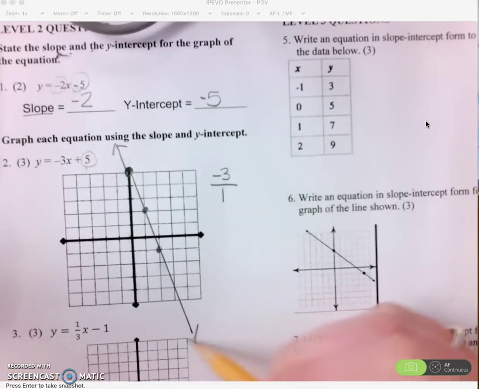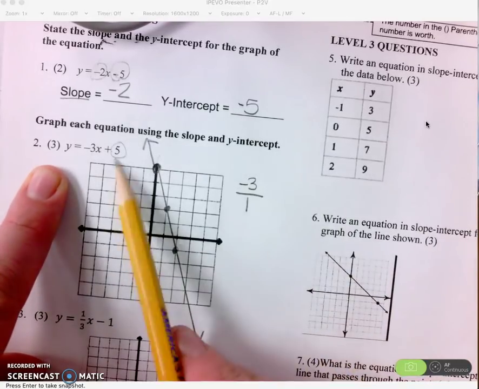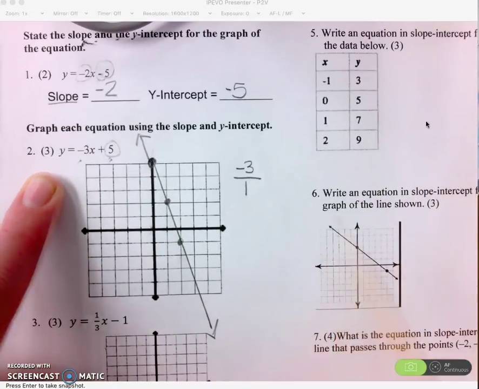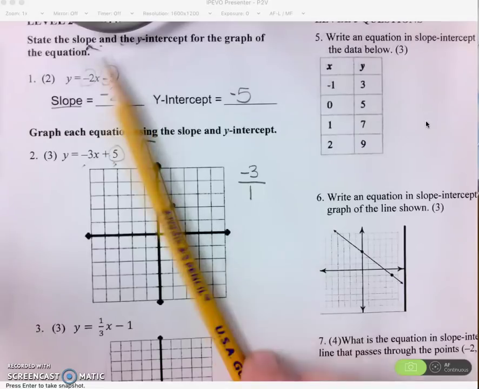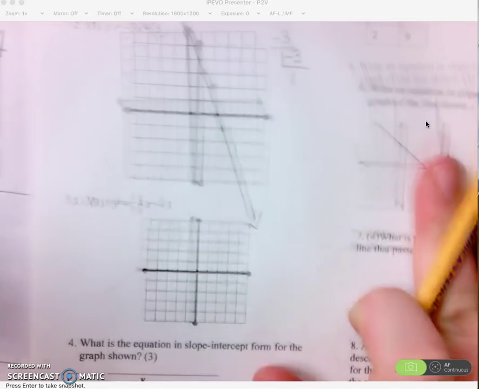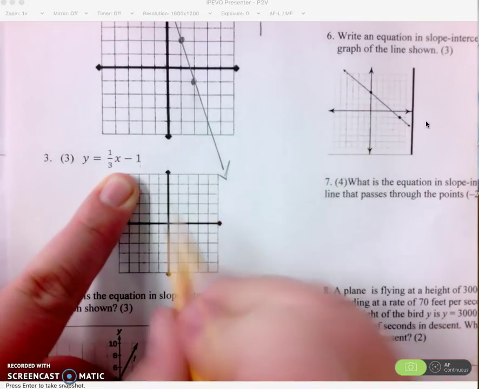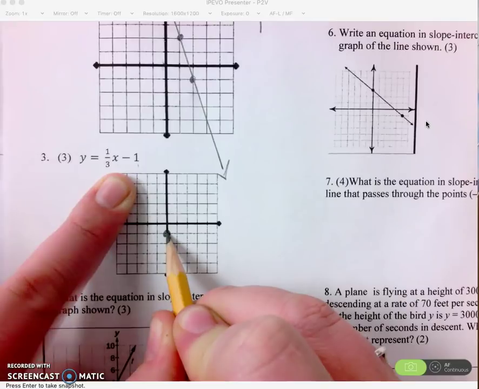Okay, here again there's 3 points: the y-intercept and the correct slope, and it's going to be in the negative, making sure that you have a negative slope. Alright, next one, I start at -1, go here, remember, start at the origin, go down 1.